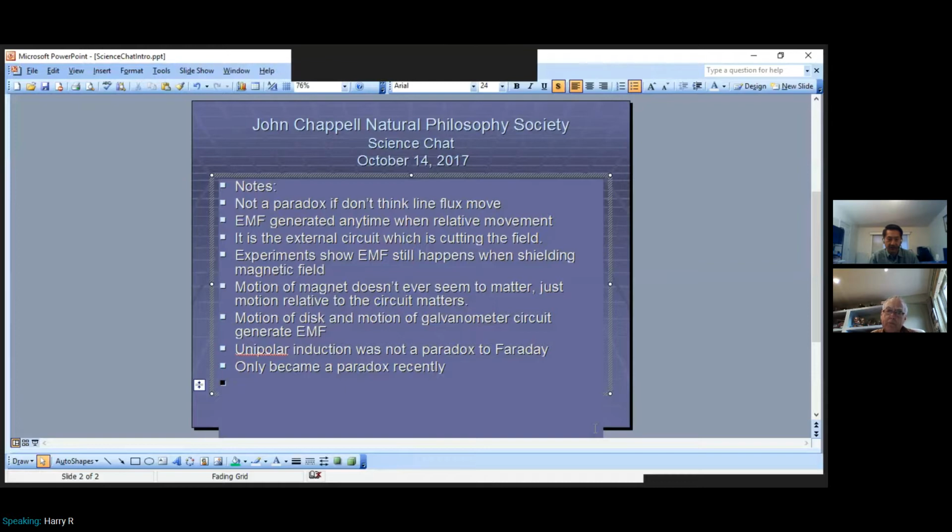That came later, and that presents some problems, because now, when you bring in the electrons and try to explain things according to the Lorentz force law, you're in a whole different regime of theoretical explanation than Faraday lived in.